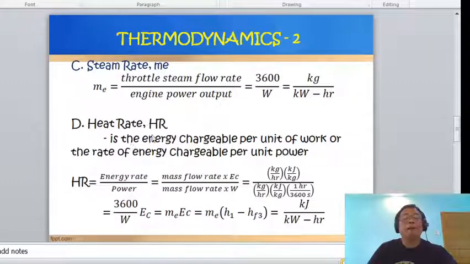Changing hour to seconds, and eliminating kilograms, the remaining is kilojoules, kilowatt, and hour. So the equation is 3600 over W multiplied by the energy chargeable, or the steam rate multiplied by the energy chargeable, or simply the steam rate multiplied by h1 minus the enthalpy of liquid at condenser pressure, in kilojoules per kilowatt hour.